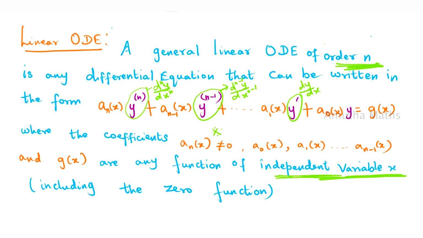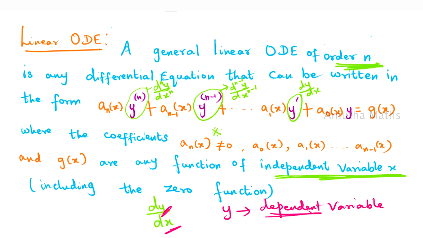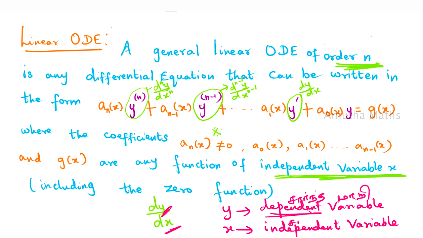So what's the independent variable here? X. We have already seen what is independent variable and what is dependent variable. So suppose we have dy by dx, here y is the dependent variable, சார்ந்த மாறி, and x is the independent variable, சாரா மாறி.